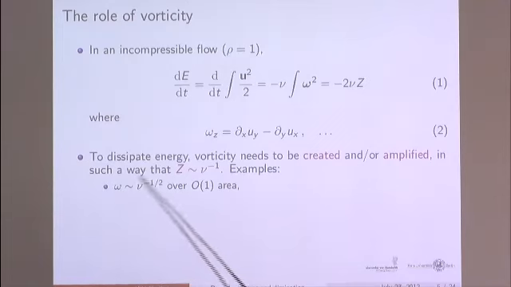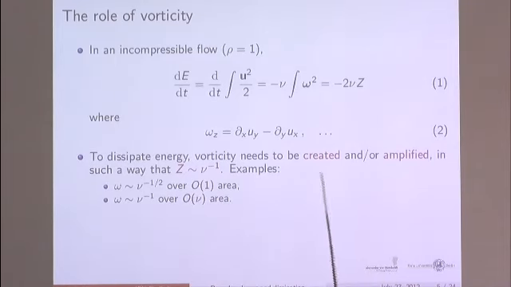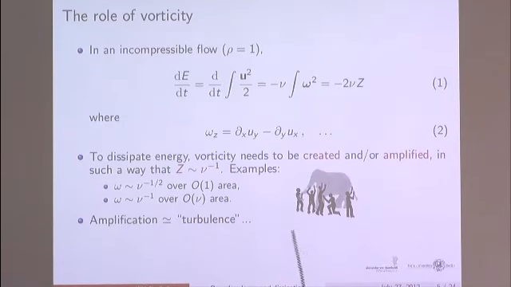Either you have omega scaling like 1 over square root of nu on a finite, nu-independent area. Or you can also have omega proportional to nu to the -1 over an area of order nu. That's another possibility. Okay, so please keep that in mind.